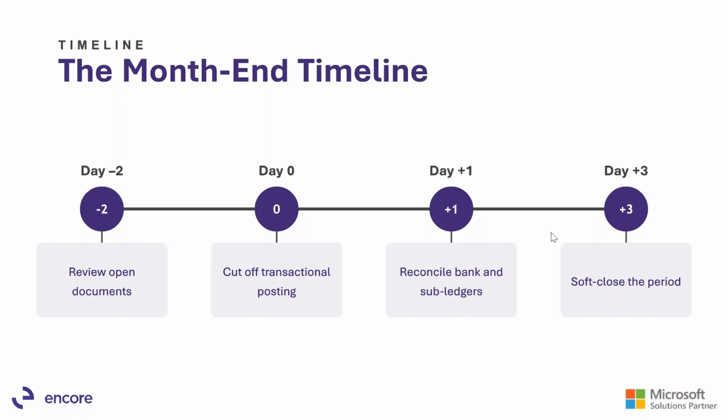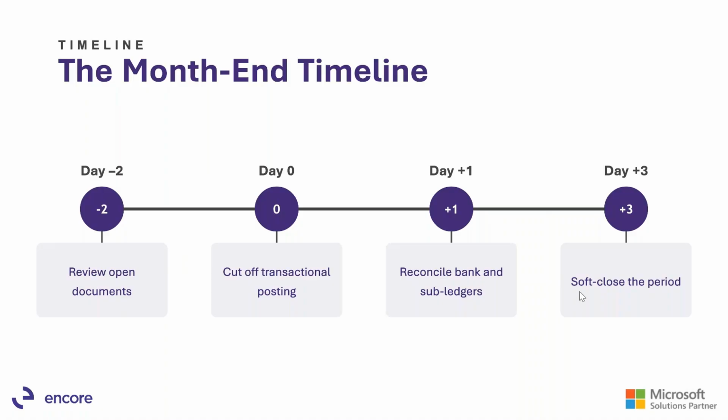On day 0, you cut off all the transaction posting so that nobody can post to the closed period. And I will show that to you in Business Central. You reconcile the bank and the subledgers. So you print the aging reports, AR and AP reports, and inventory reports, and balance it with the GL accounts and the chart of accounts. And then you make a soft close.